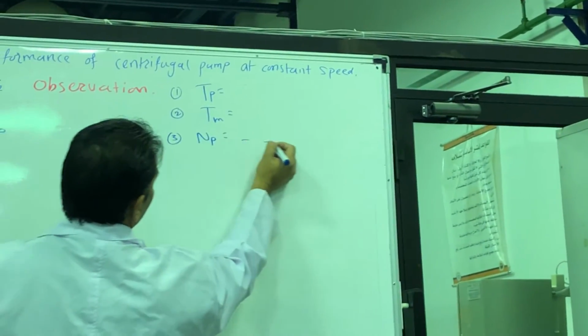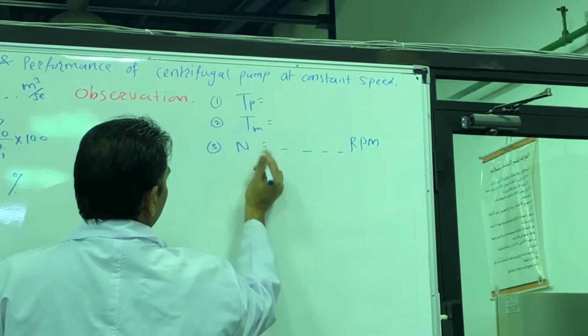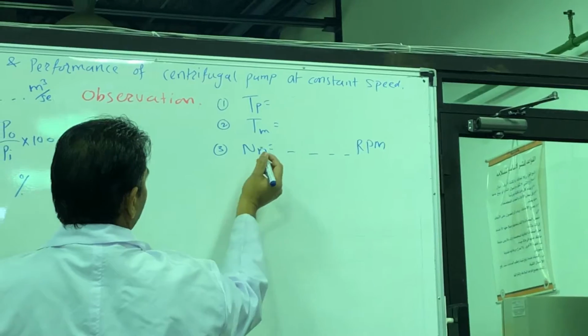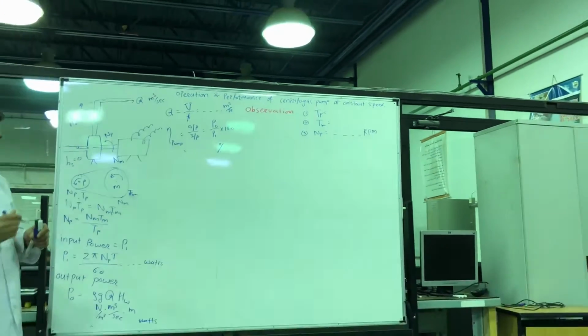This is a constant RPM. NM also, no need, I can find it directly from here. NP. Okay, so this is the observation table.